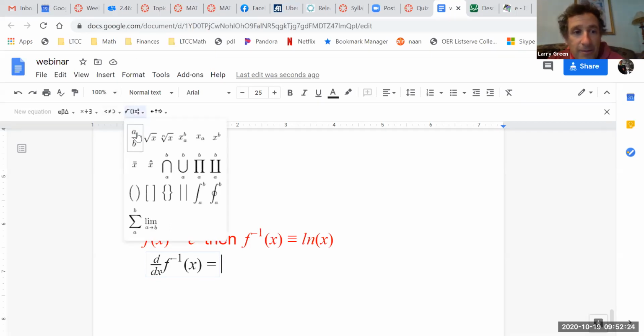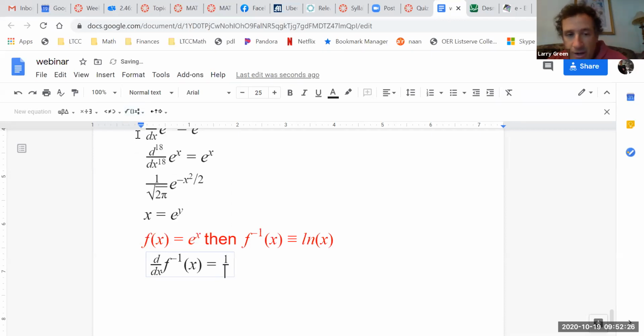So that's going to be a fraction. It's going to be 1 over f prime of f inverse of x. Do you remember that formula?